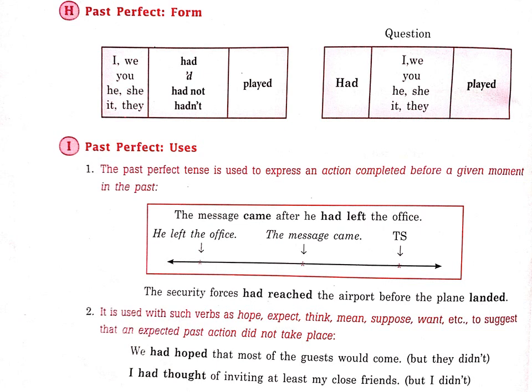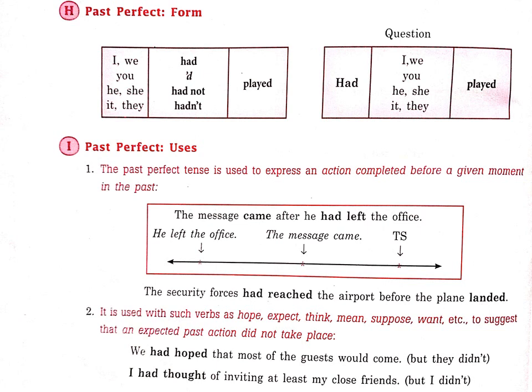Next use: it is used with such verbs as hope, expect, think, mean, suppose, want, etc. to suggest that an expected past action did not take place, right? So we had hoped that most of the guests would come, but they didn't.